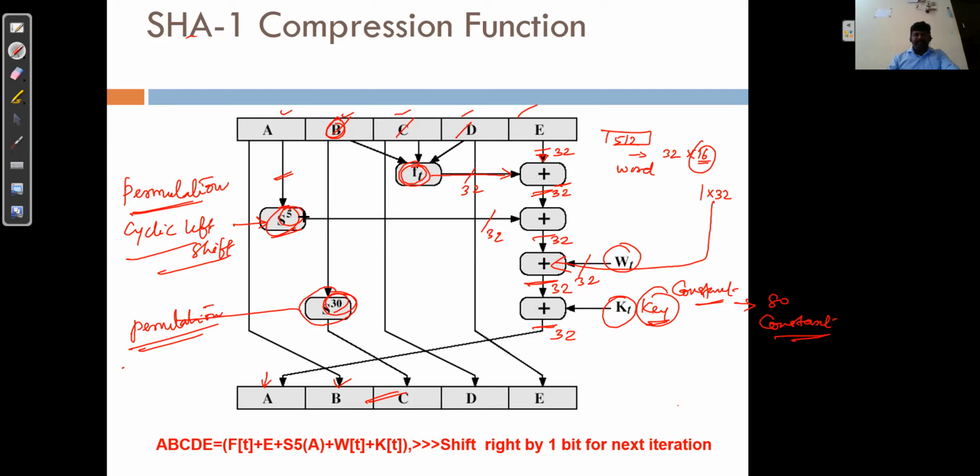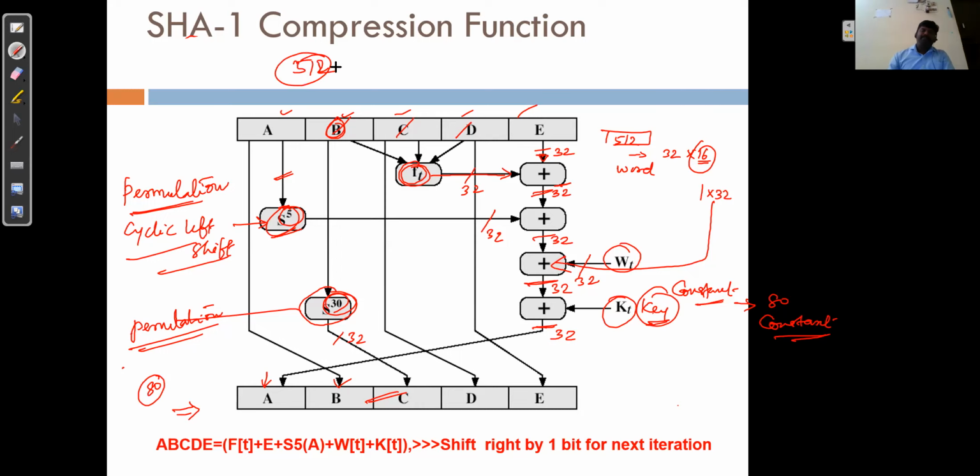I hope this is clear. So the value stored in register B is applied to the permutation operation, a circular left shift by 30 bits, and the 32-bit cyclic left shifted output is stored in register C. The C value is stored in D, the D value is stored in E, and the output we get after processing all these steps comes back to A. This entire operation has to be repeated 80 times for one block of input value, which is 512 bits in size.